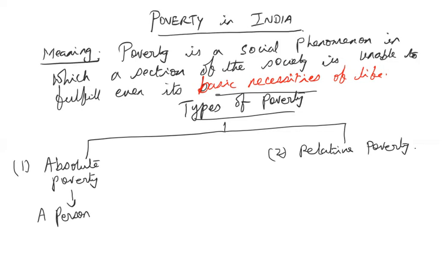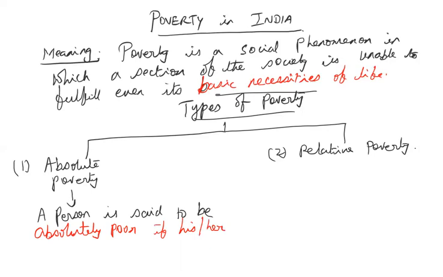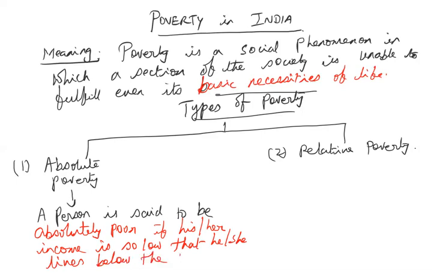So that person is considered as absolutely poor, or a person is said to be absolutely poor if his or her income is so low that he or she lives below the subsistence level.